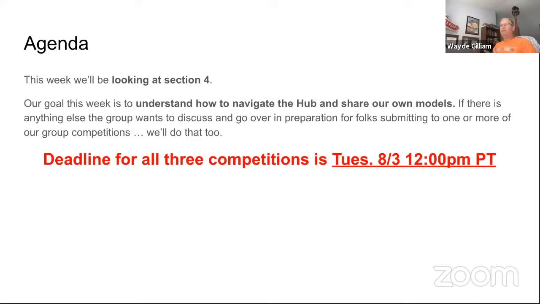And so we'll be looking at that, and we'll go through that process of picking a data set, picking a checkpoint, and then training. And then the final part of section 4 is about sharing models.